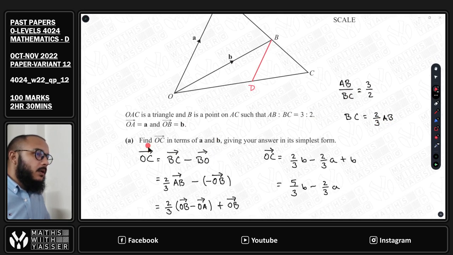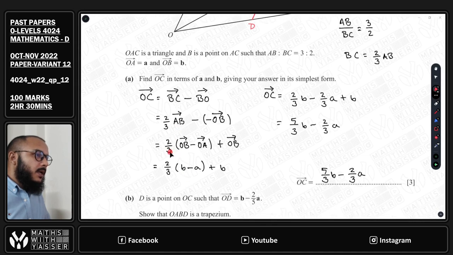Now OC can be written as BC minus BO, and we know that BC is 2/3 of AB, minus we know the value of OB. So instead of writing BO, we can write minus OB within brackets. So this will become 2/3 of AB minus OB, which is OB minus OA.